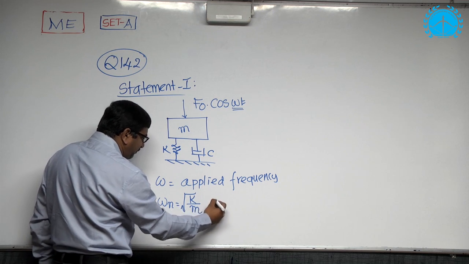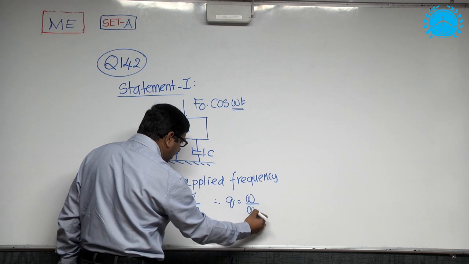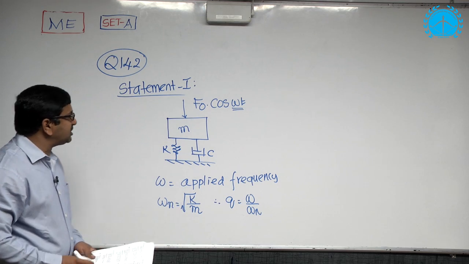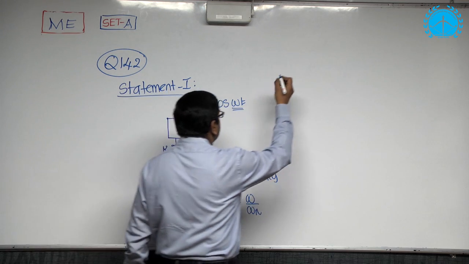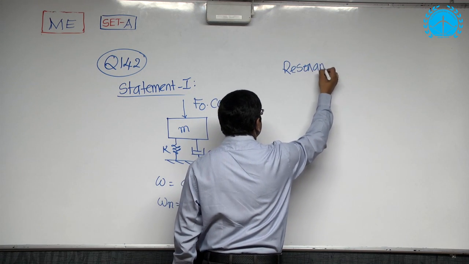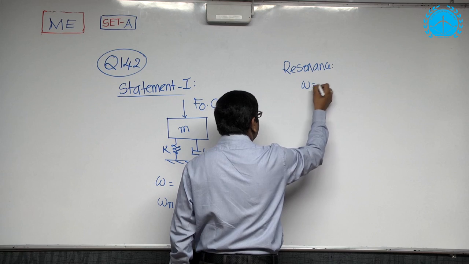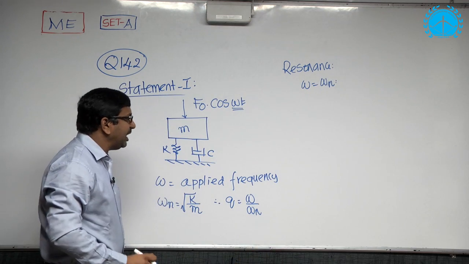If I define a dimensionless parameter q as omega by omega n, what exactly is resonance? Resonance is the case when omega is equal to omega n. When omega equals omega n, the system gets its dynamic amplitude.